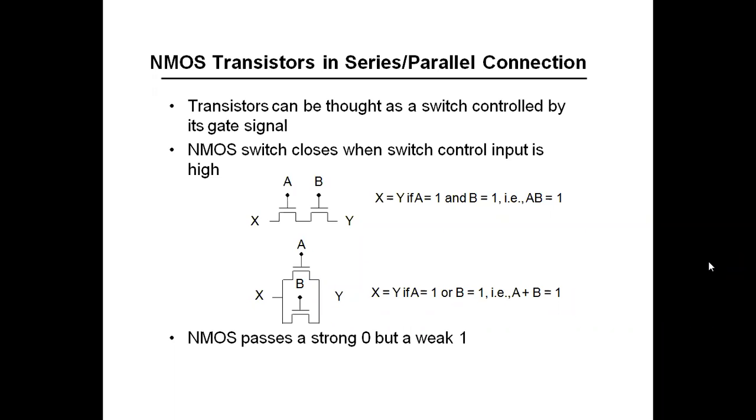Now in the first case, when you connect these NMOS transistors in series, you have A and B as the gate signals, and X and Y are the input and output. X is equal to Y if A and B both are equal to 1. That means if both transistors are in conduction, then and only then whatever is at the input side will pass towards the output side.